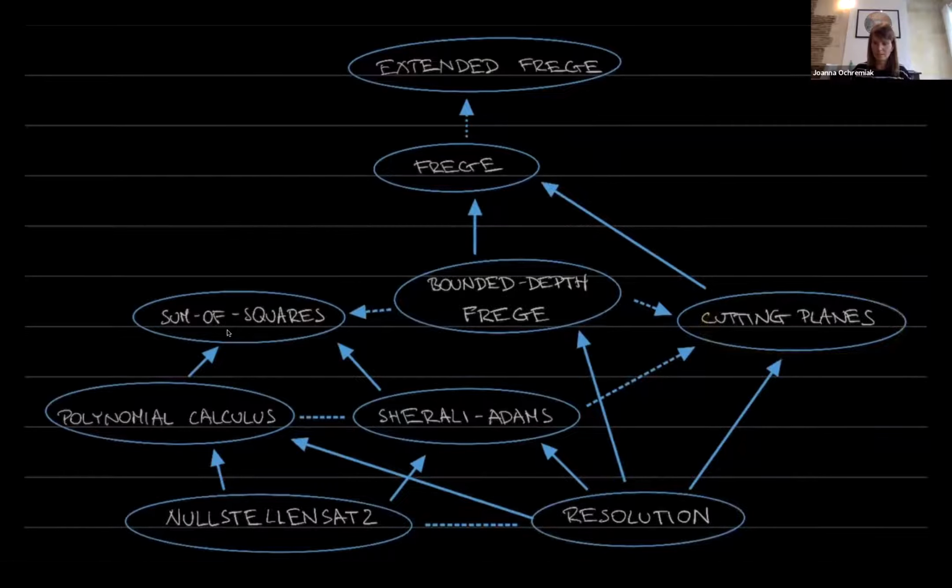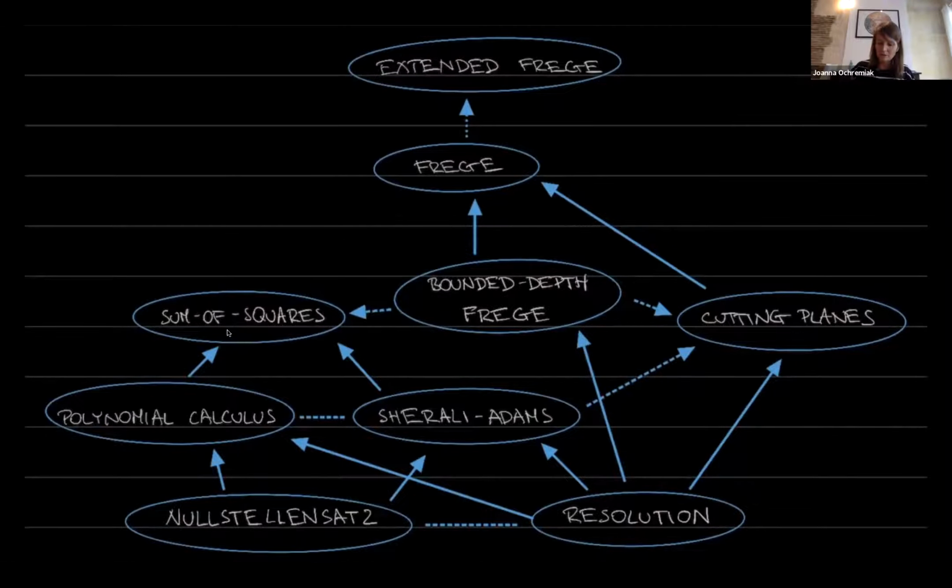We call it a polynomial simulation. This basically means that if you have a proof in resolution, then you also have a proof in cutting planes which is not bigger, I mean, at most polynomially bigger.